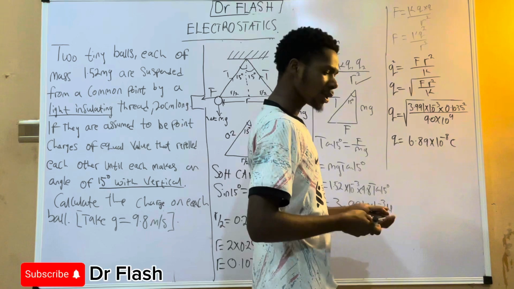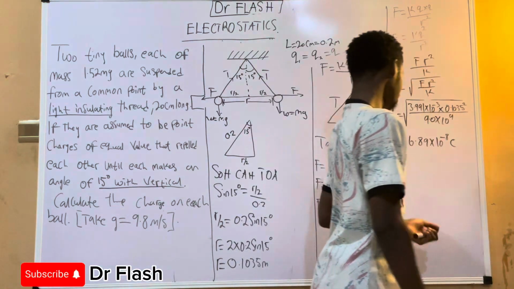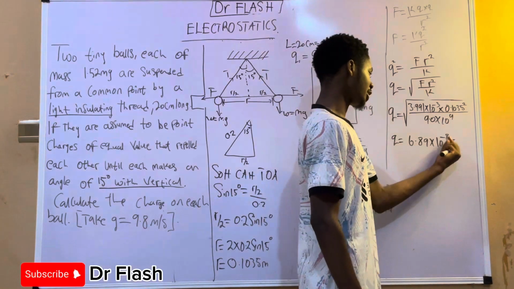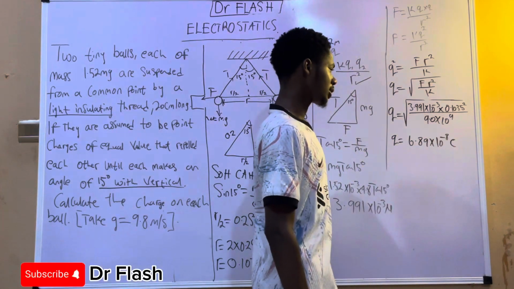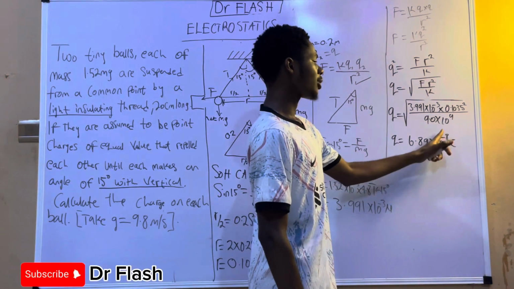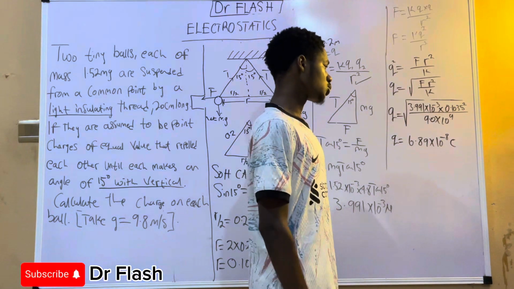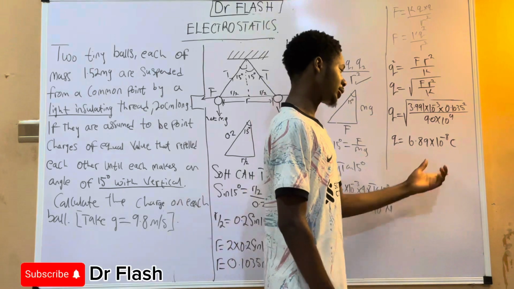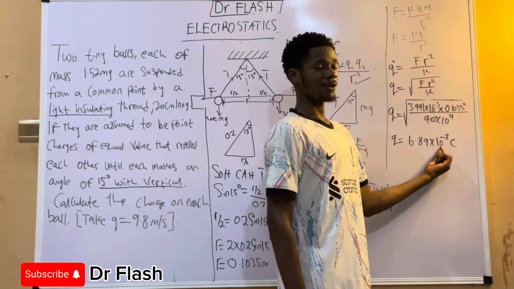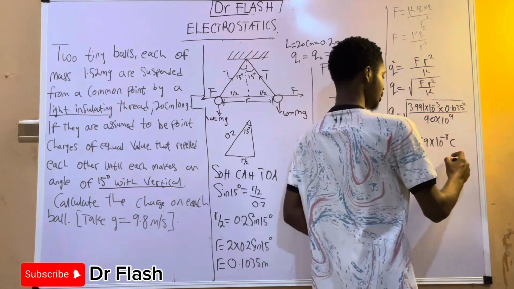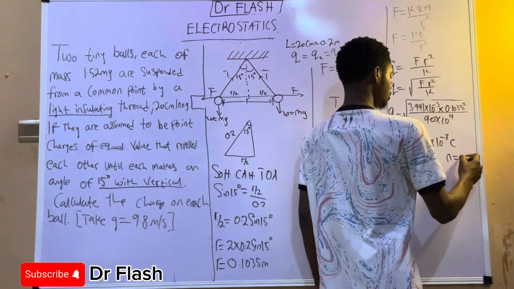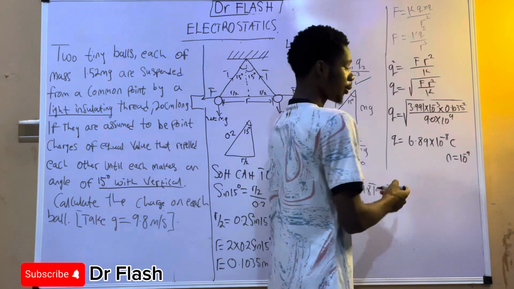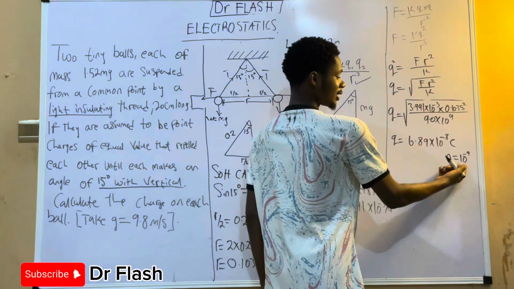We could as well write this using some laws of indices, by eliminating these exponents. Seeing 10 to the power of minus 8, I know that it's close to what we call nano, small letter n. Now nano is 10 to the power of minus 9. So to put this in terms of nano, I'm going to divide what I'm having here by 10 to the power of minus 9.